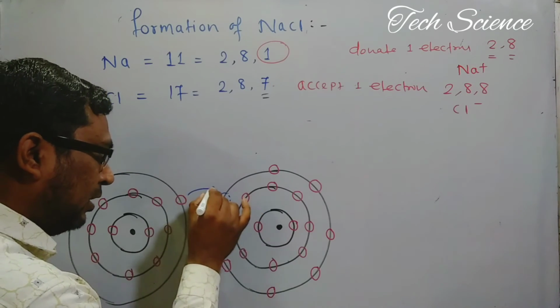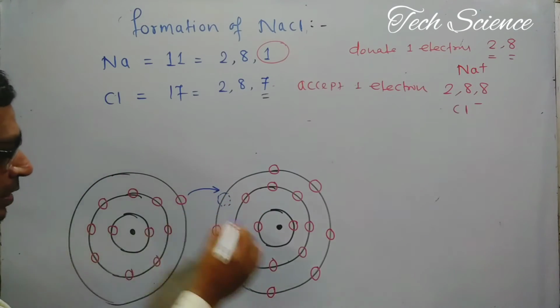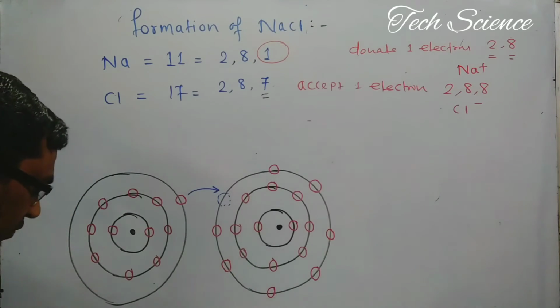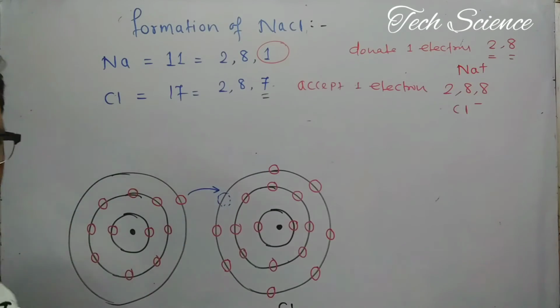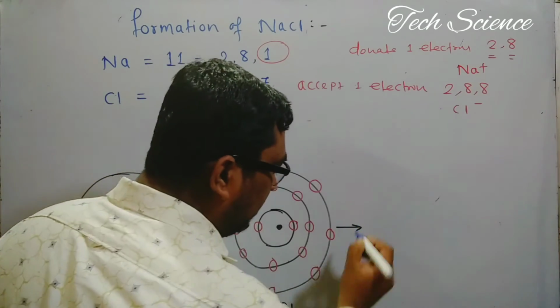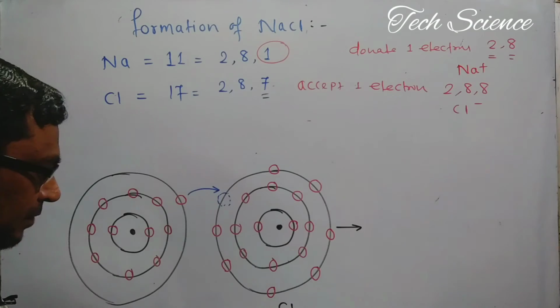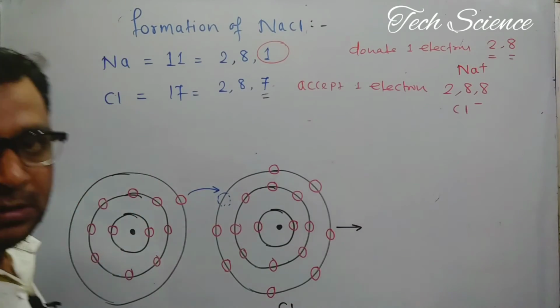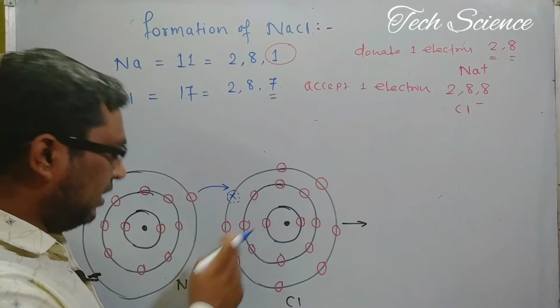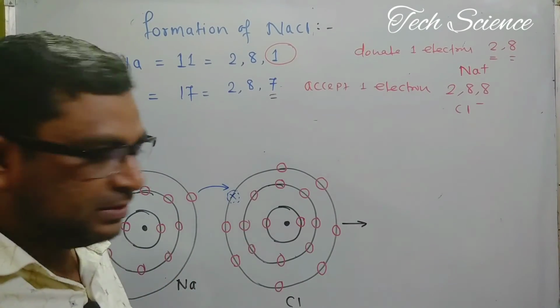So the 1 electron donated by the sodium is accepted by the chlorine, and after that what happened here? The sodium converts into Na plus after donating 1 electron, and it is accepted by the Cl.